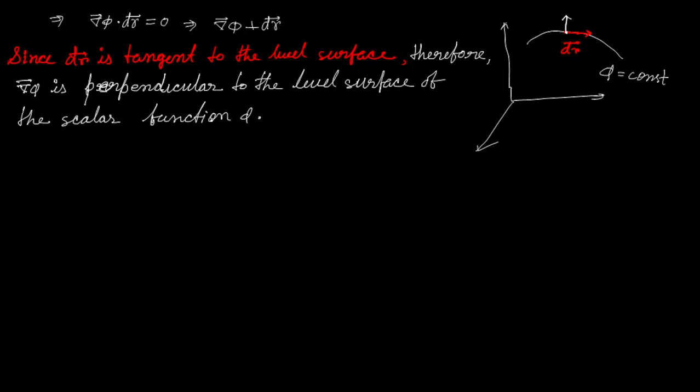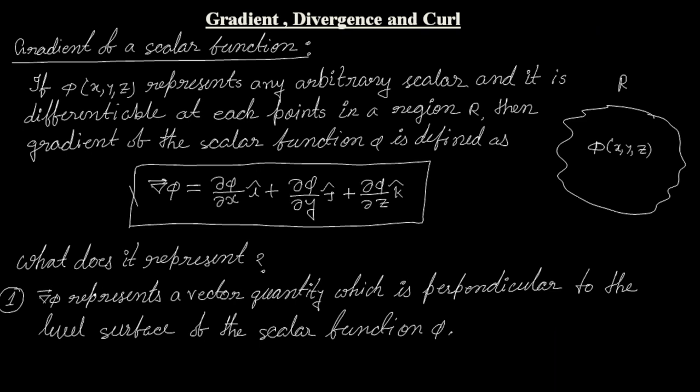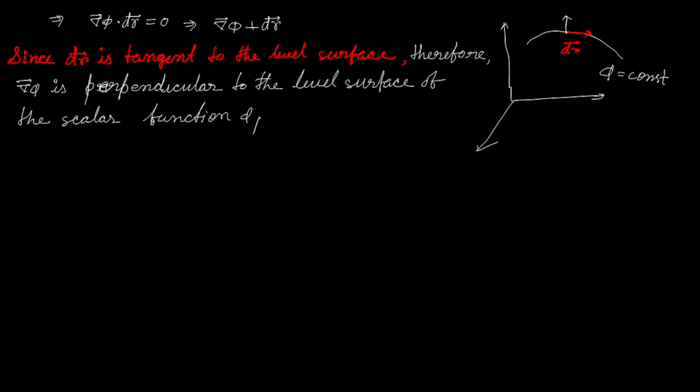Okay. So whatever we have written here, we can understand from this figure. So the first property: phi is a scalar function, but when we take the gradient of this phi, it will give us a vector quantity, and that vector quantity will always be perpendicular to the level surface of the scalar function phi. So if we calculate the gradient of a scalar function on the level surface, then that gradient will always be perpendicular to the level surface.